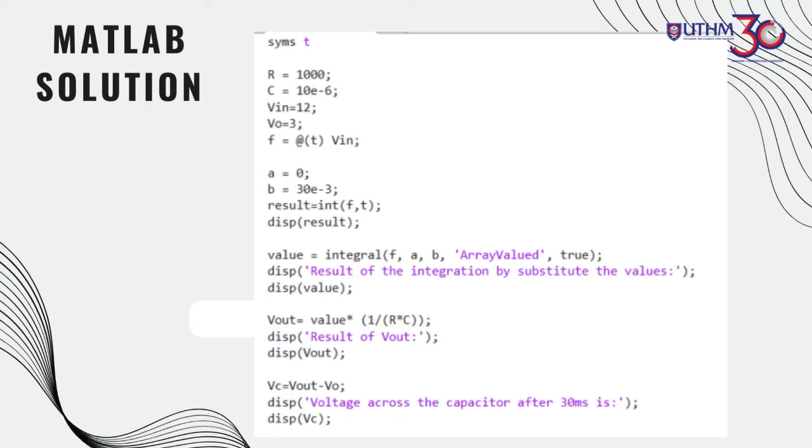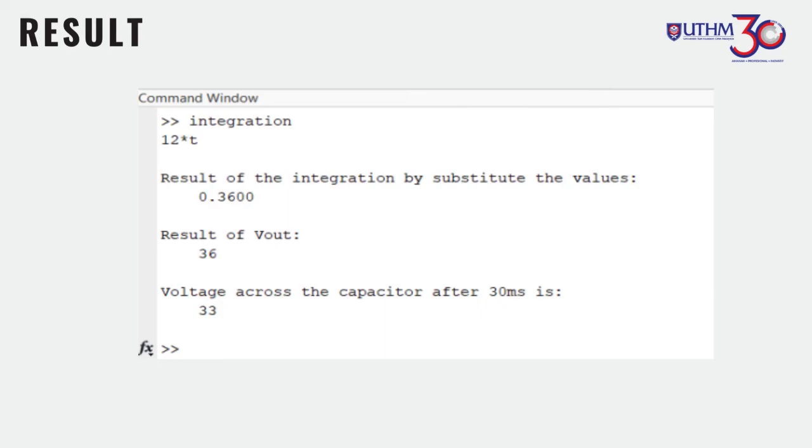The value is then multiplied by 1 over RC and displayed as the result of V out, and V out is then minus V naught and displayed as VC. As you can see here, the result of the integration is 12t, the result of the integration by substituting the values is 0.3600, the result of V out is 36, and the voltage across the capacitor after 30 milliseconds is 33, which is correct and the same as the manual calculation.